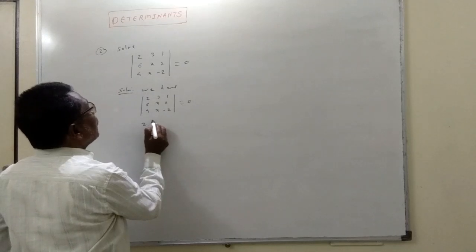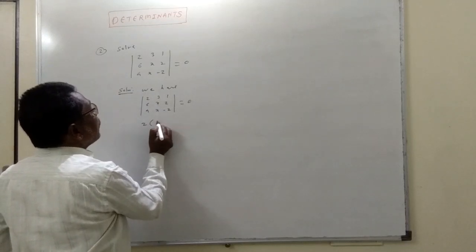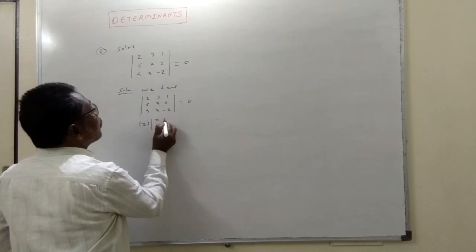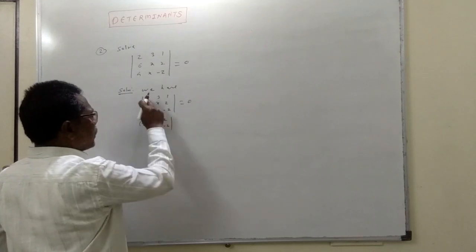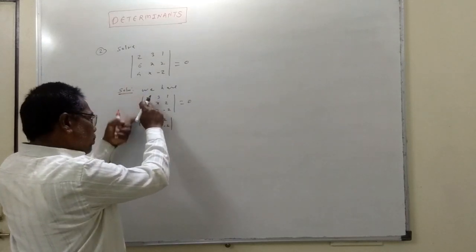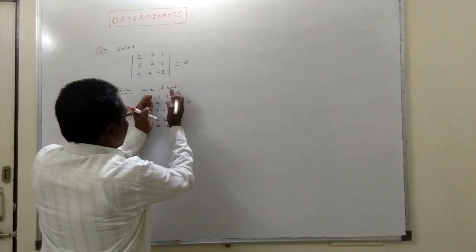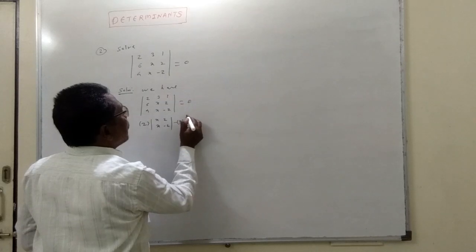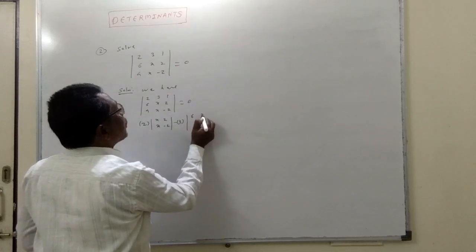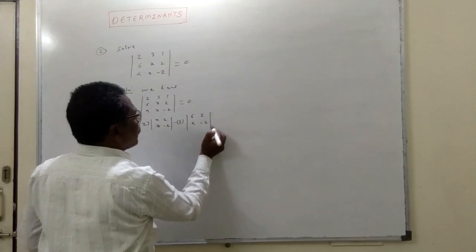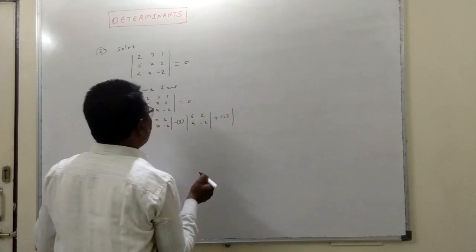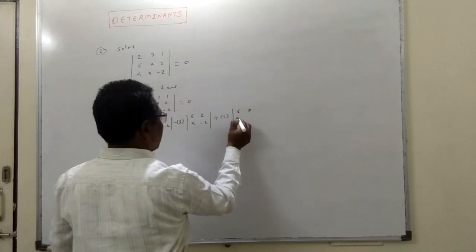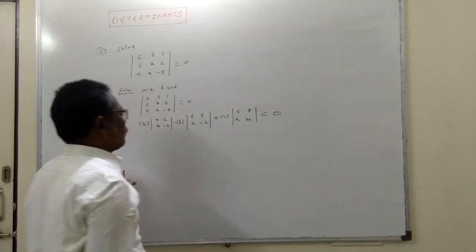So 2 into determinant x 2, x minus 2, that is 2 in the first row and the first column. So the remaining determinant, minus 3 into determinant 6 2, 4 minus 2, plus 1 into determinant of 6 x, 4 x, equal to 0.